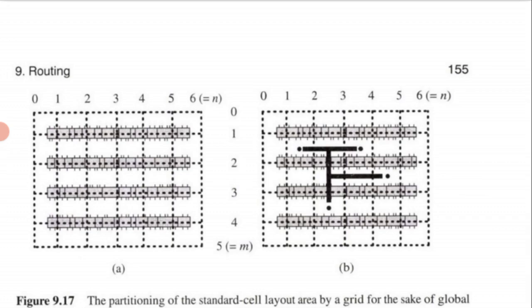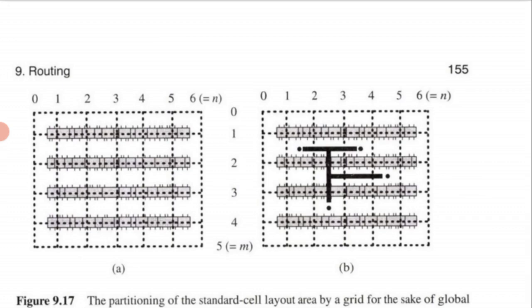In the second figure, figure B, it shows the points to be interconnected by the rectilinear Steiner tree. Here the points lie at the center of these unit rectangles.